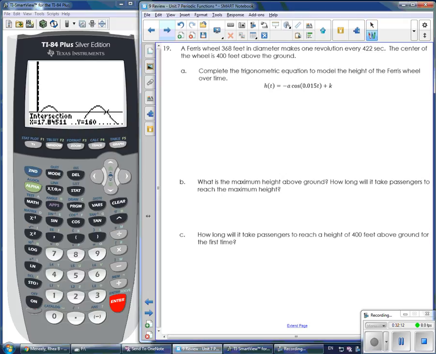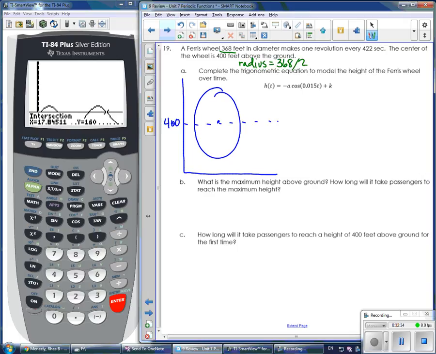Well, if you remember, if I draw a Ferris wheel, here's the center. If the center is 400 feet above the ground, that's going to correspond to my midline. And if I know that the diameter is 368, then the radius must be half of that. And the radius is going to correspond to my amplitude.